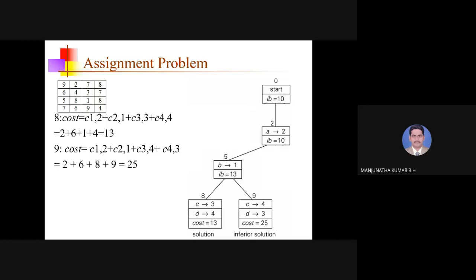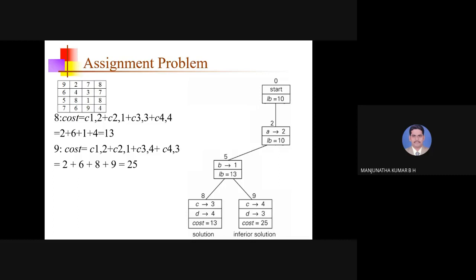Okay, so this is the method of solving the job assignment problem using the branch and bound technique. For today's class, this is enough. The next example is the knapsack problem. We will discuss the knapsack problem in the next class, but my suggestion is that you practice this problem and listen to my explanation. I am going to upload this presentation link in the Google Classroom.